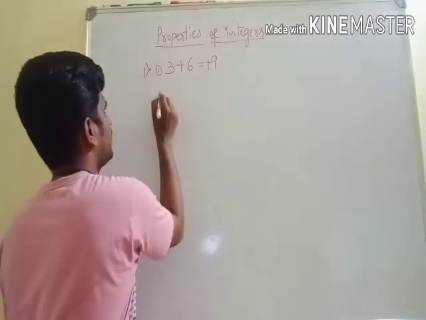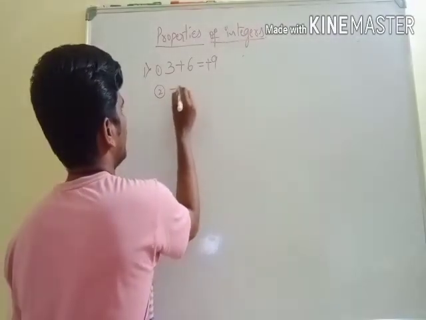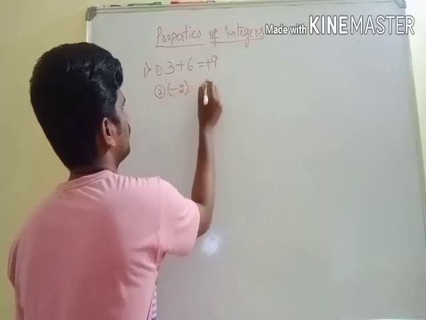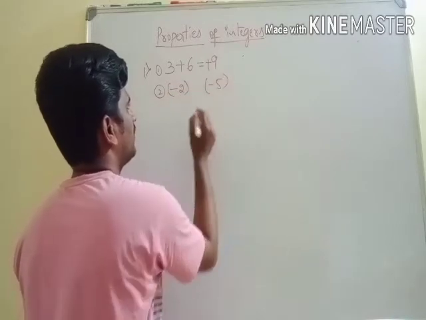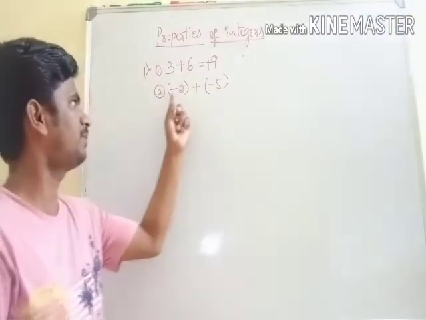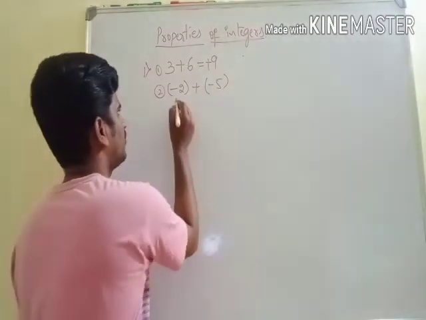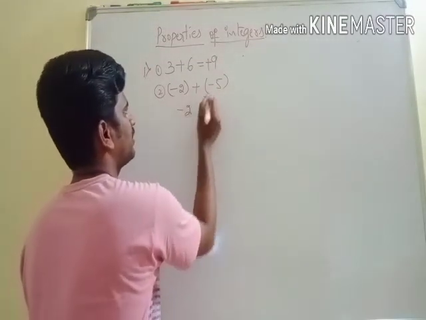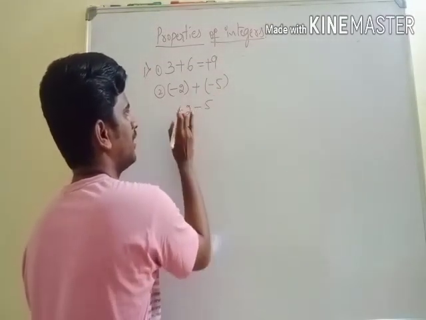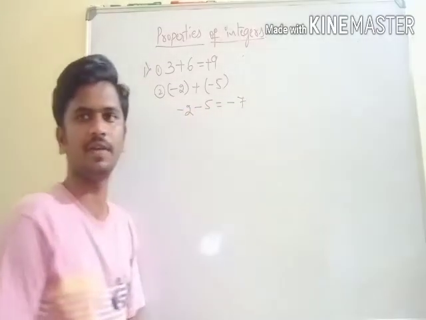Next, consider two negative integers, minus 2 and minus 5. I will add those two negative integers, minus 2 plus minus 5. This is minus 2 minus 5, which is nothing but minus 7.